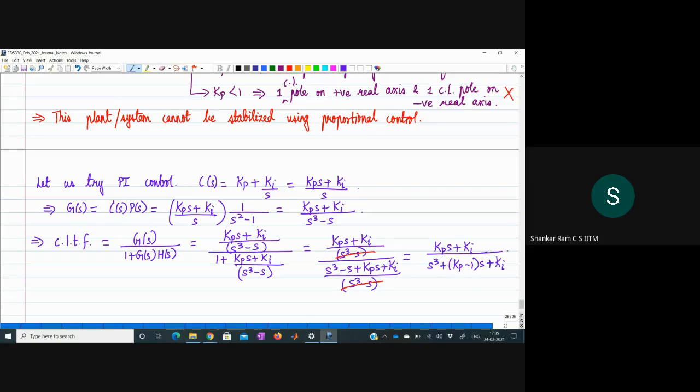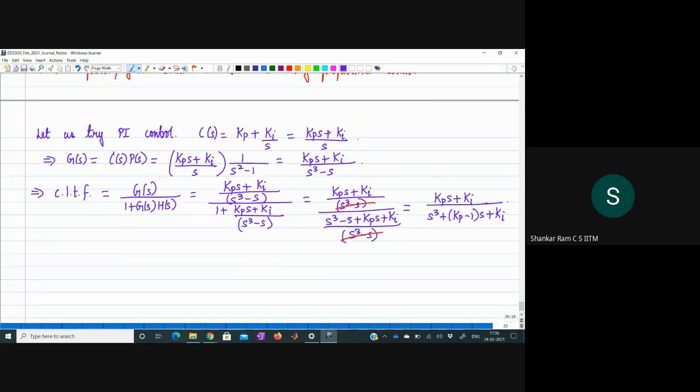All right. So now we can see that the problem is becoming more and more complicated. The closed loop characteristic equation is going to be s cubed plus (Kp minus 1)s plus Ki equals 0. So we can see that this is a third order equation.